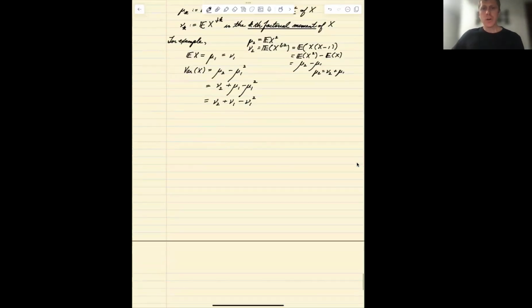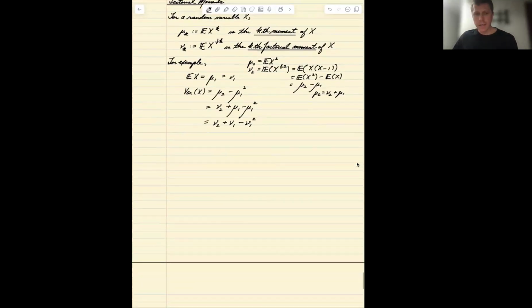Okay. So in general, how can we understand the way that we calculate factorial moments? Let A1 up through An be n events.